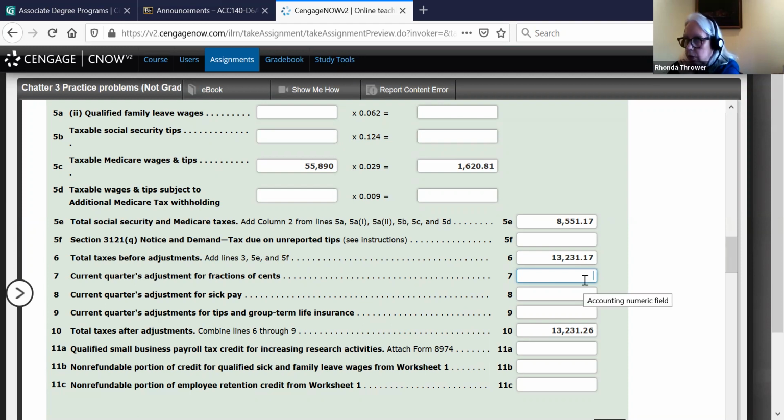I got to find the difference, and that difference is 9 cents. When you add these two together, it'll come back up to this line 10. So there were some rounding errors that we had to take care of, and they amounted to 9 cents.